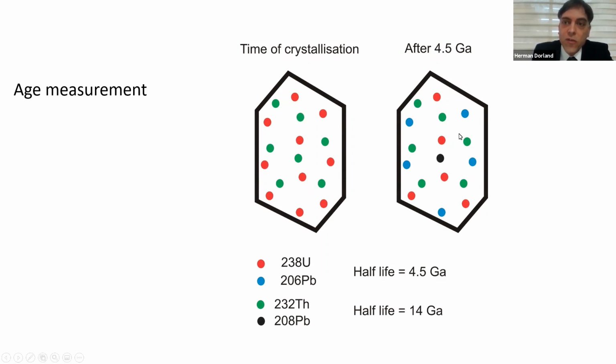And then after 4.5 billion years, half the uranium-238 has gone to lead-206, these blue spots, and because the half-life of thorium-232 is much longer, only a little bit has gone to lead-208. And so what you then do is you measure a spot and you calculate the ratios of parent and daughter elements in there, and then you come up with an age based on the half-life of the elements of the radioactive decay process.